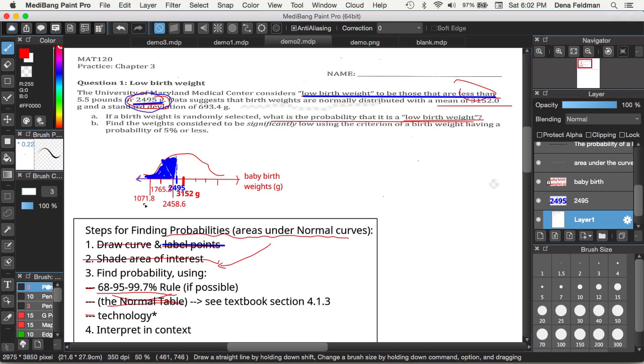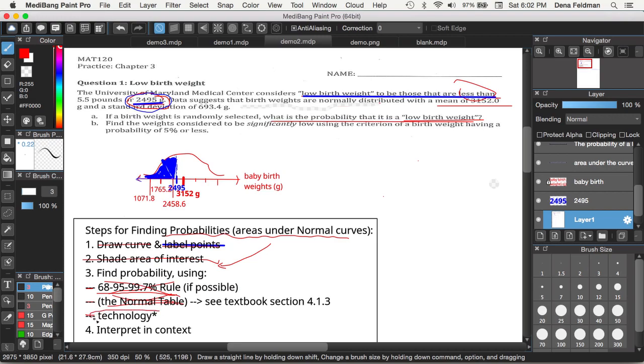Those are key numbers for the baby weights here that tell us areas of the curve, percentages of the curve, probabilities related to that data. Unfortunately, 2495 doesn't land on any of the 7 red lines. It's in between 2 of the red lines. 2495 is not on one of these key 7 markers, so we can't use that rule either.